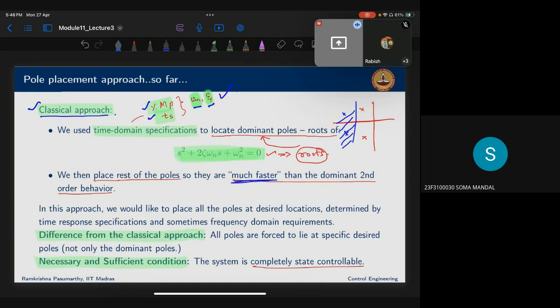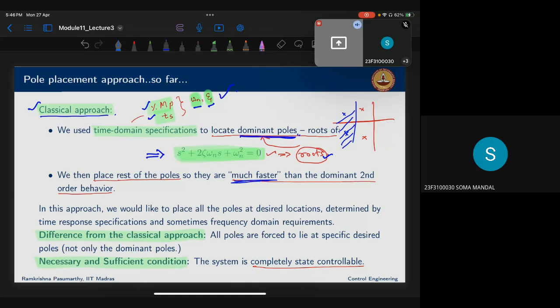We solved some examples, correct? Yes, sir. Once we have omega n and zeta from the second order transfer function, we have this characteristic equation. If we solve this characteristic equation, we get our roots. These roots we also call the dominant poles.